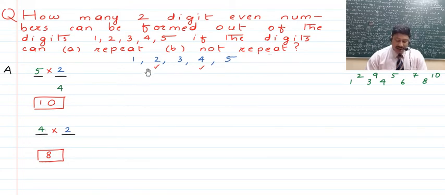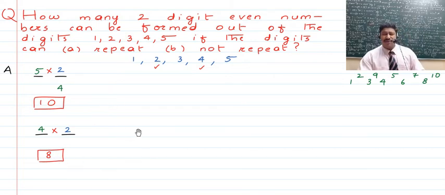So it can come in 5 minus 1, that is 4 ways. The total number of ways is 4 into 2, that is 8 ways.